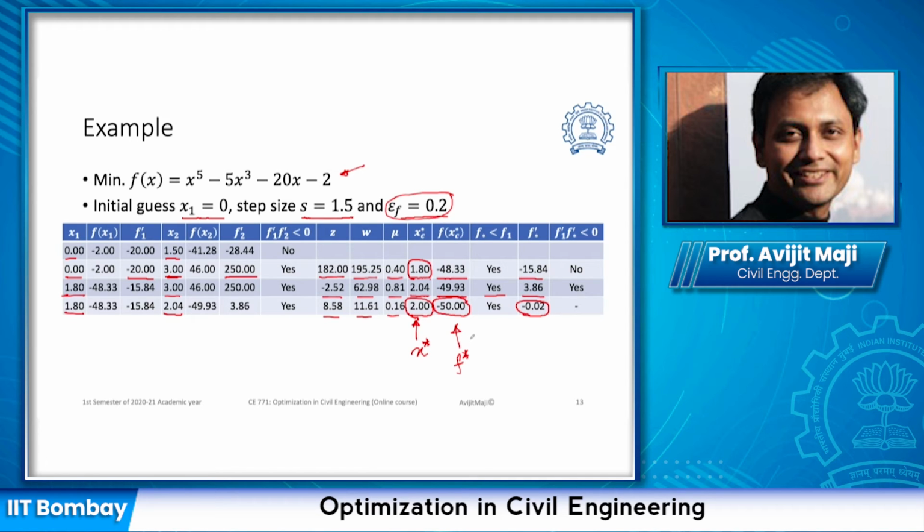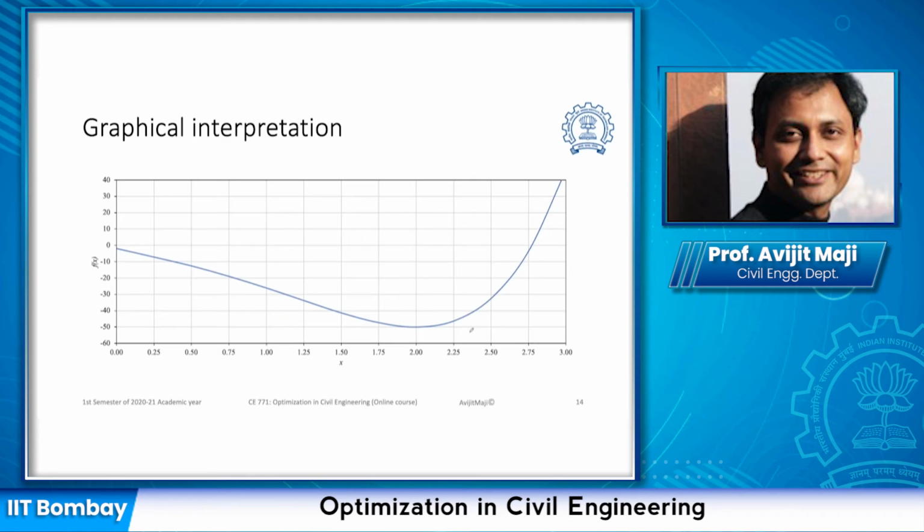Now let us look into this method in a graphical representation. So this objective function can be represented by this blue line between 0 and 3.